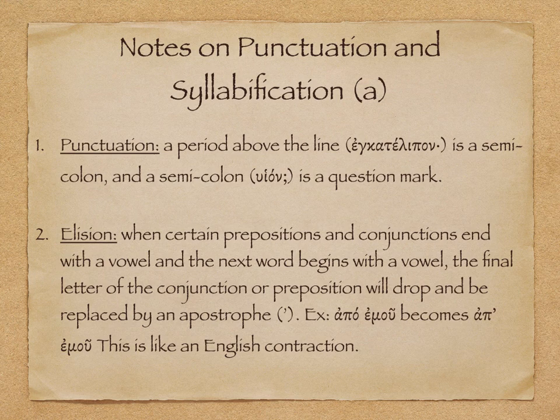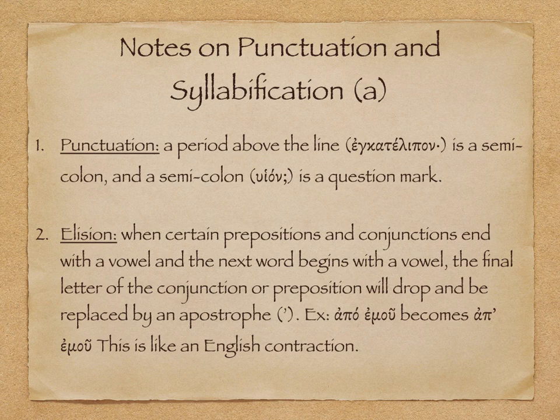And a semicolon in Greek is a question mark. So this word would end with huion as a question and a question mark. So, two punctuation marks that differ from English. A dot above the line is a semicolon, and the semicolon itself is a question mark.